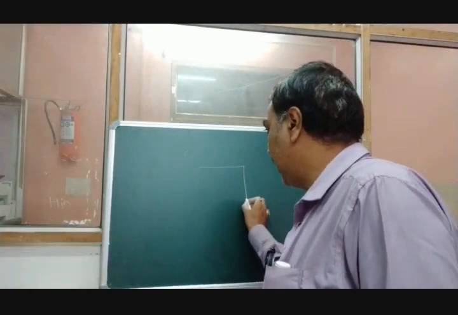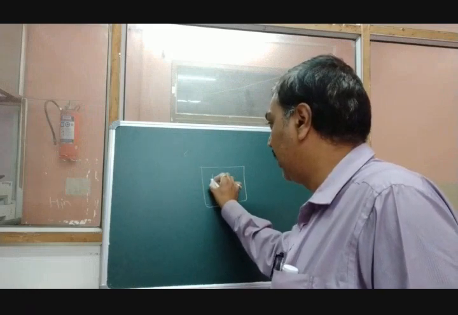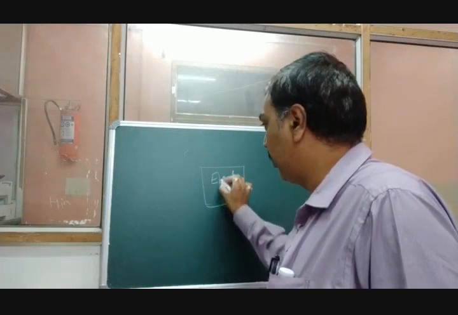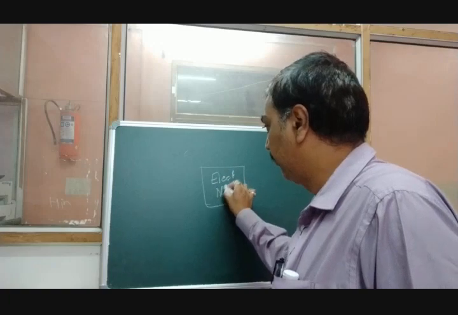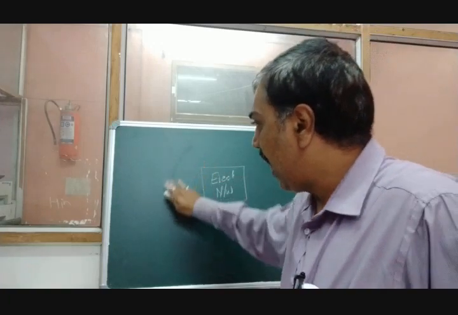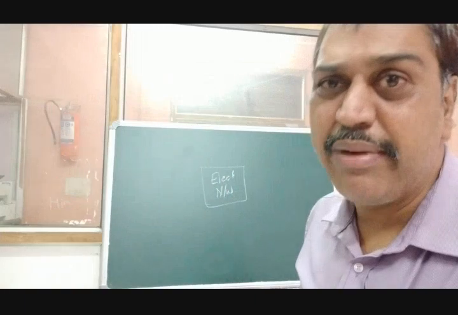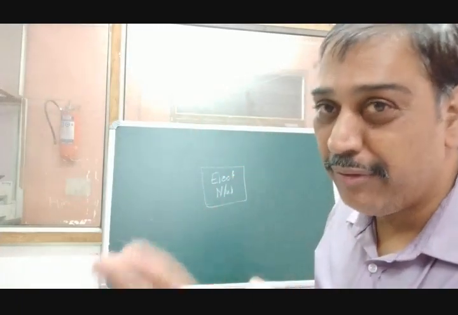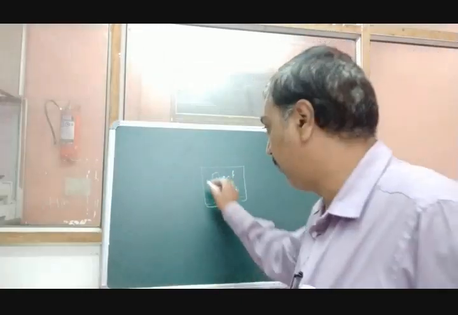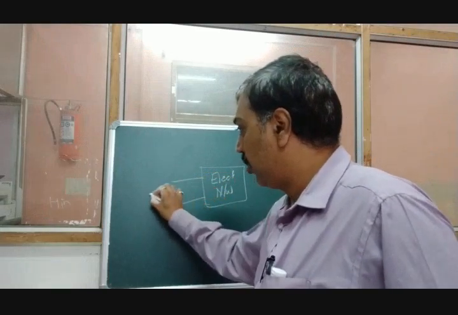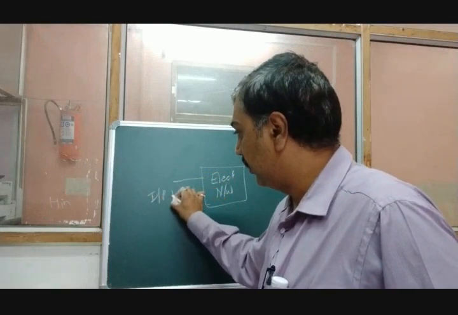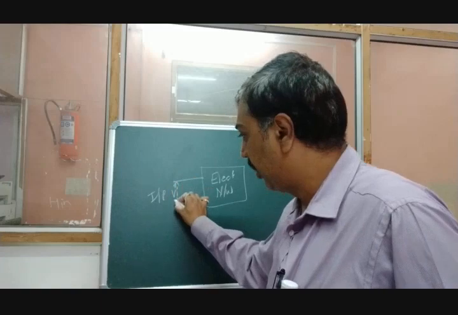Suppose any electrical network we have. To apply the input to this device, minimum terminals required are two, positive and negative. So these are the two terminals to apply the input, that is VI, between these two terminals.